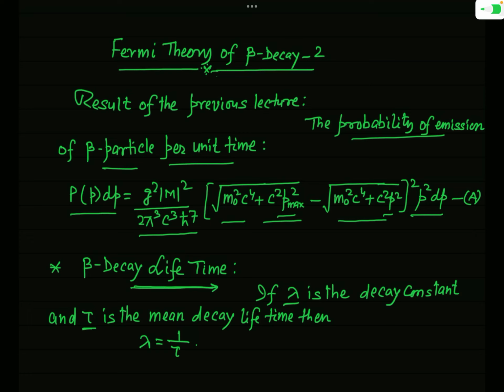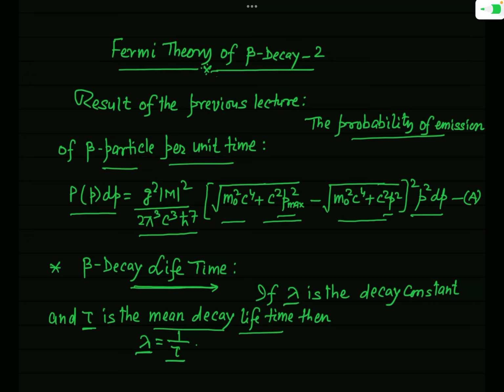In fact, the decay constant lambda is simply the reciprocal of the mean life. So in case of beta decay process, if lambda is the decay constant and tau is the mean decay lifetime of this process, then lambda will be equal to 1 over tau. This is just the relation between lambda and tau.